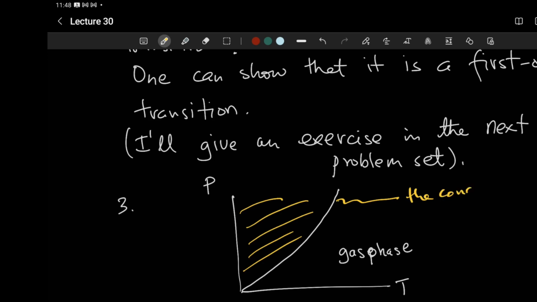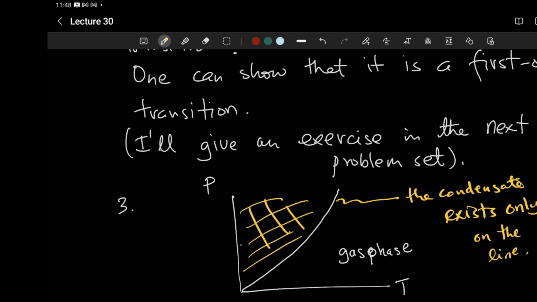The condensate exists only on the line. And this is nothing. Nothing here. You don't achieve that. This is one picture.